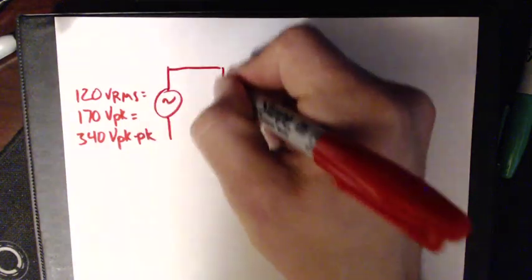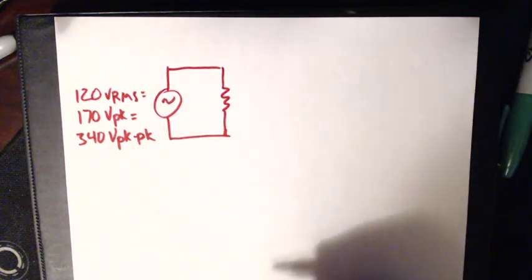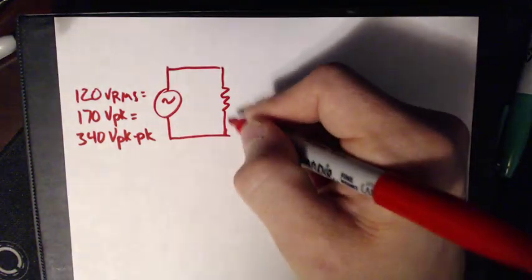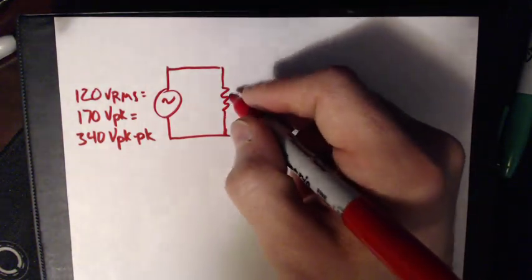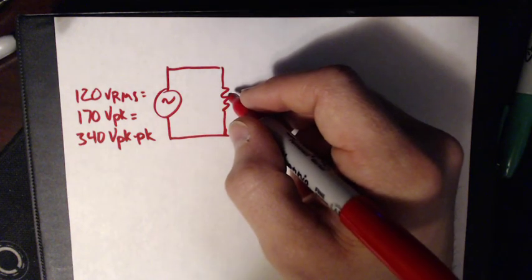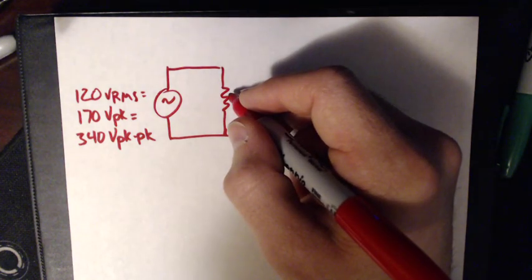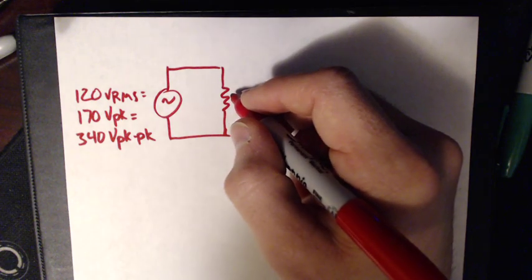Now, if I go ahead and apply this to a light bulb, and for all practical purposes, a light bulb is no different than a resistor. Light bulbs get hot, and if they get hot enough, it'll give off light, which is exactly what's happening in a light bulb.